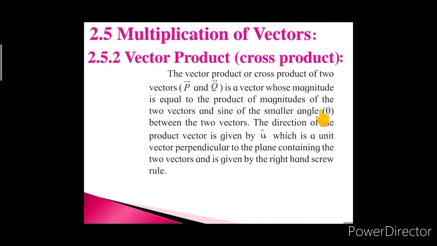The product of the magnitudes with the sine of the smaller angle theta between them will be the result of the vector product. So this is about the magnitude.